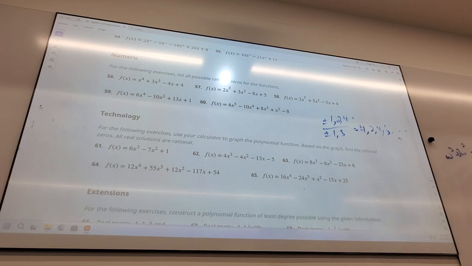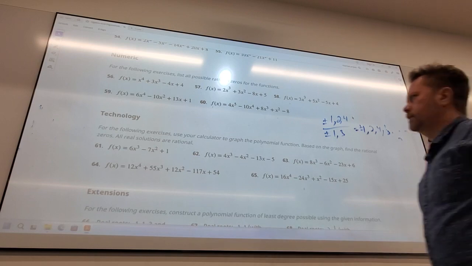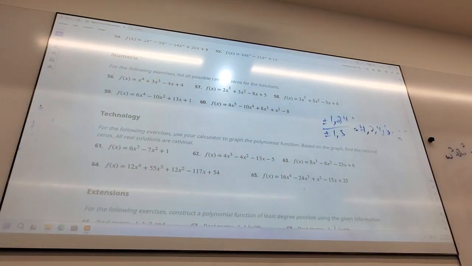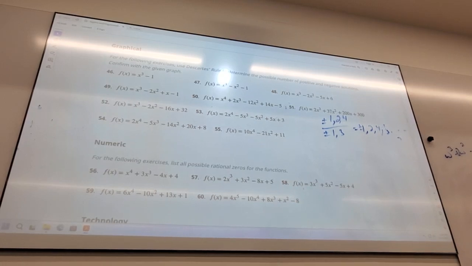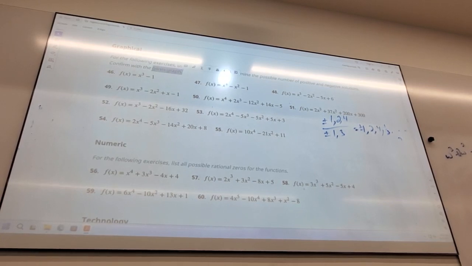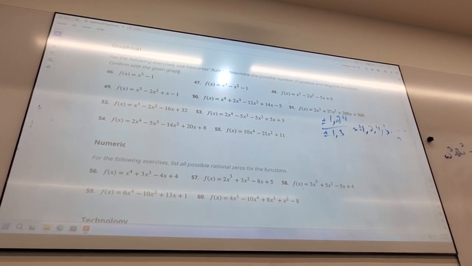Yeah, number 50. Same section? Yeah. This guy. So one big thing right here I always forget about is they say with the given graph, so just graph this in your graphing calculator, right? Does it say to solve it?